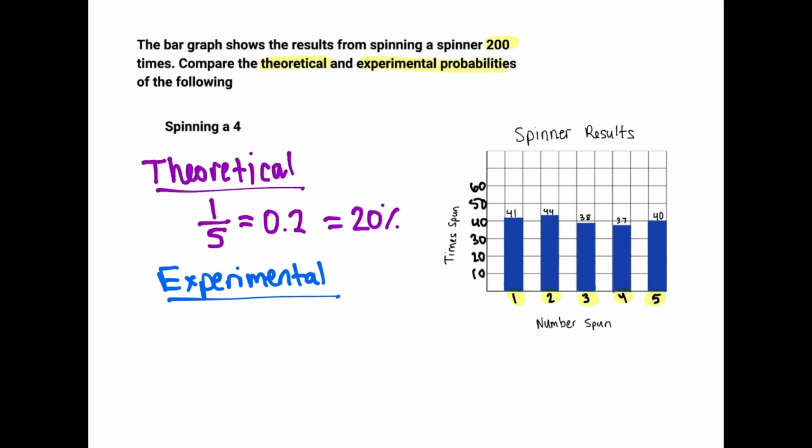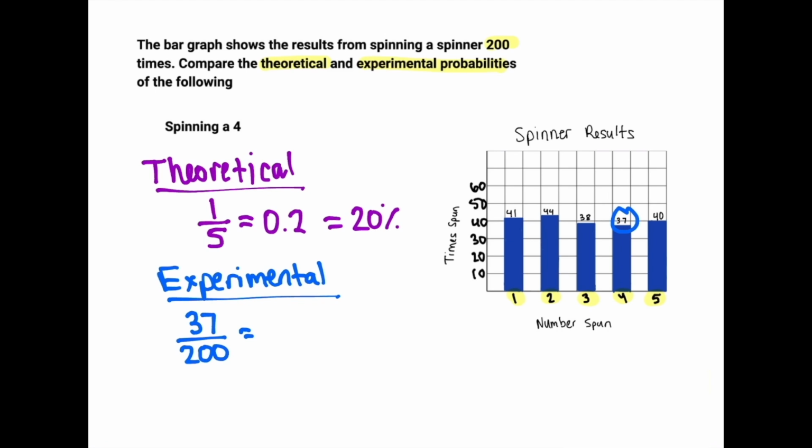Now let's look at the experimental probability, which are the results we got when we spun the spinner 200 times. When we spun the spinner 200 times, we got a 4 37 times. So our experimental probability was 37 out of 200. Again, when we compare, we're going to want to make that a decimal and then a percent.